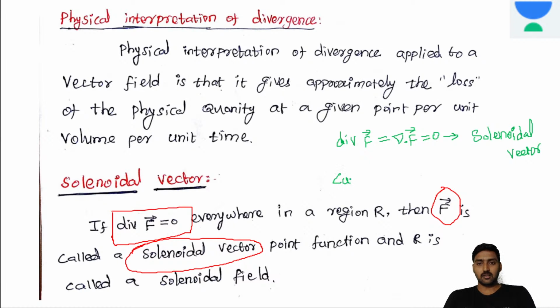Now, whenever the curl of the F vector, that is del cross F (curl means cross product), is equal to the 0 vector, then it is called an irrotational vector.